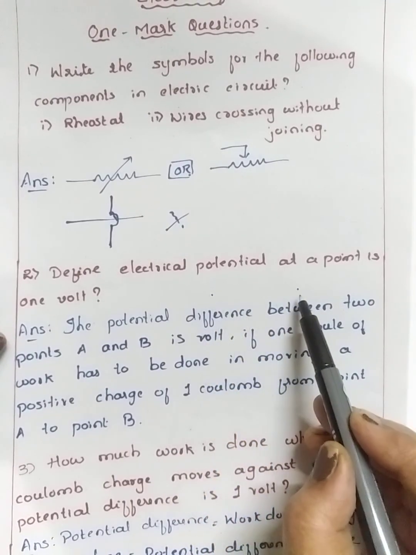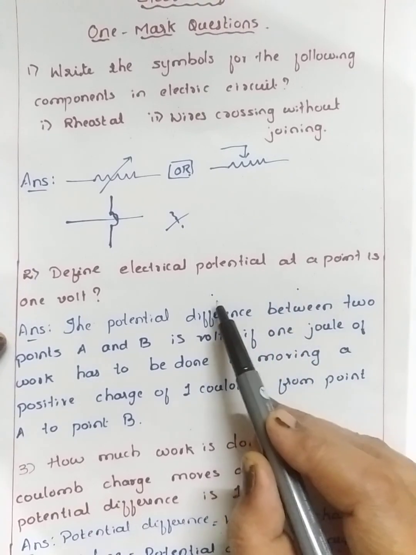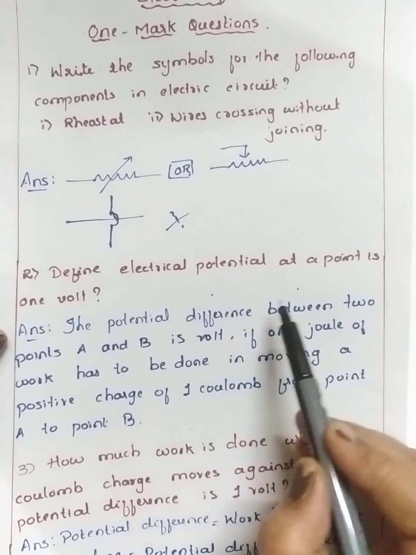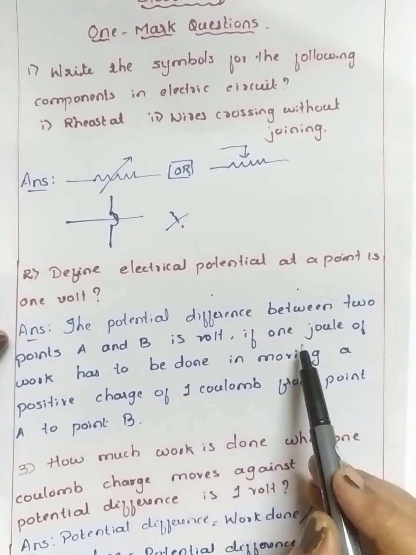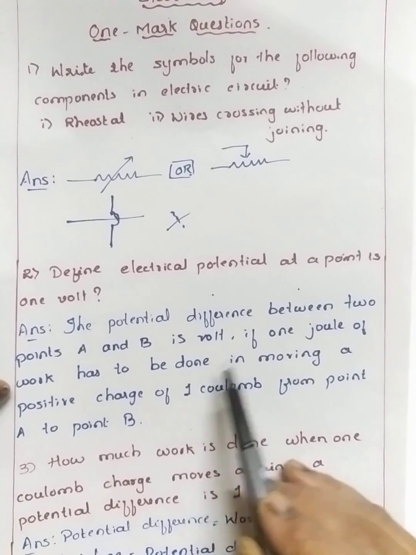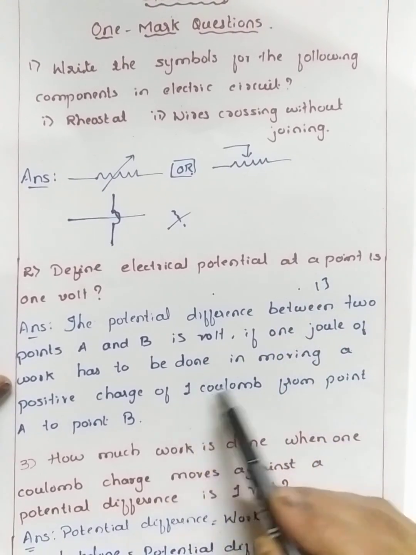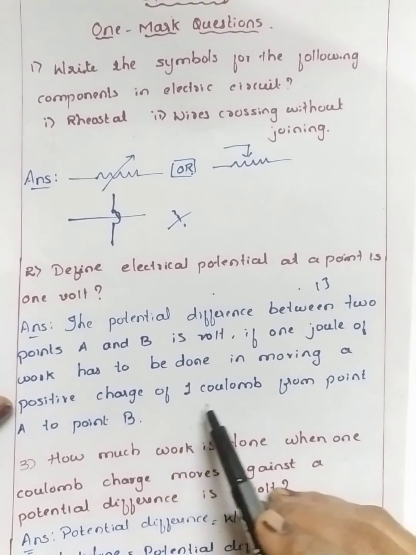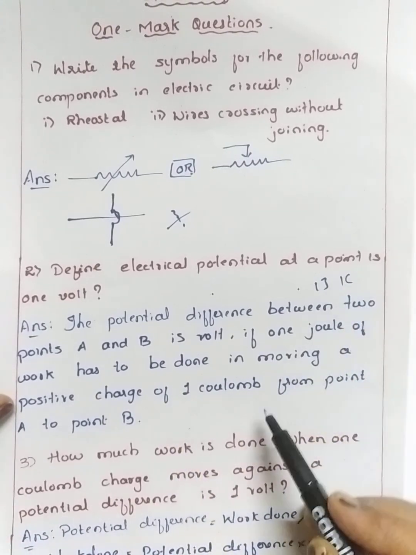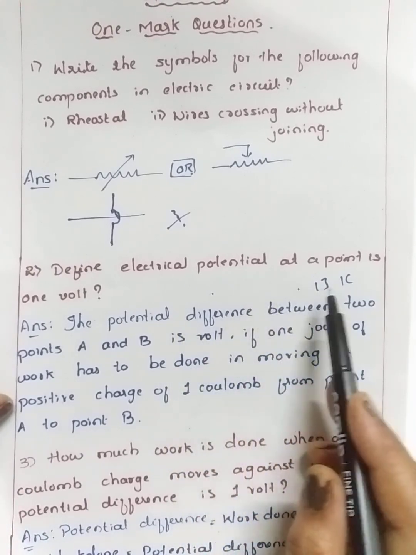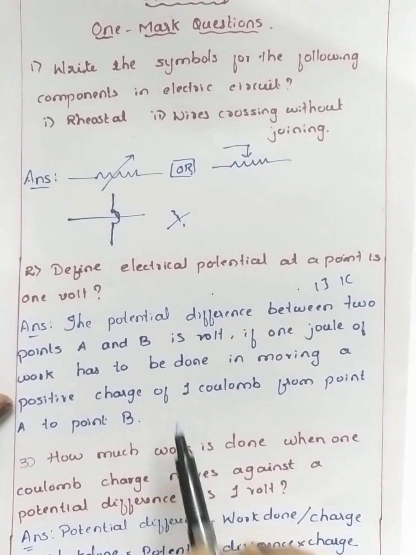We have to move one charge from B to A or A to B, then some work has to be done. So if 1 joule of work is to be done in moving a positive charge of 1 coulomb, that is called 1 volt. This is the definition.